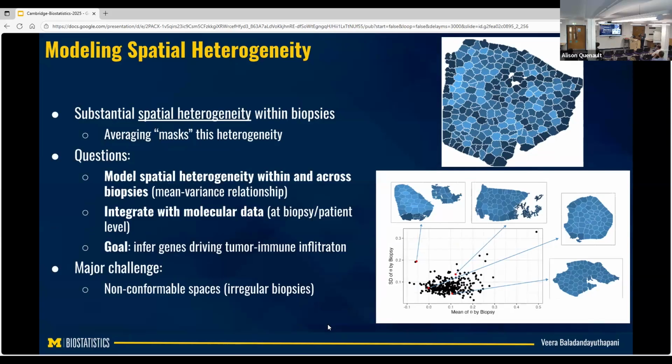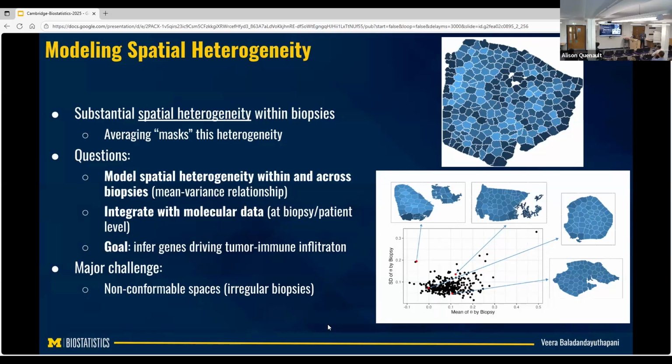So one thing we try to do is integrate with gene expression data to explain the tumor microenvironment. The basic question was, what in the molecular architecture of the tumor, as assessed by gene expression, was associated with the tumor immune infiltration. So essentially you can think about this as regressing the pathology images on the gene expression.